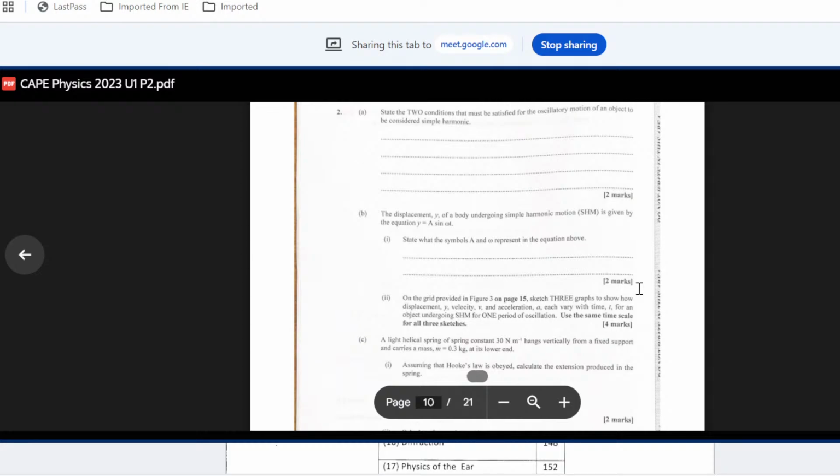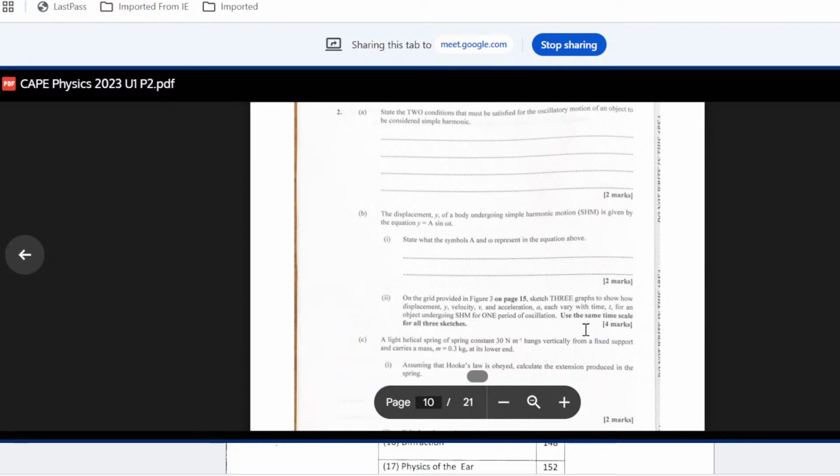All right, so there's a graph. On the grid provided, sketch three graphs to show how displacement y, velocity v, and acceleration a vary with time for an object undergoing simple harmonic motion. So it's related to what we were talking about.